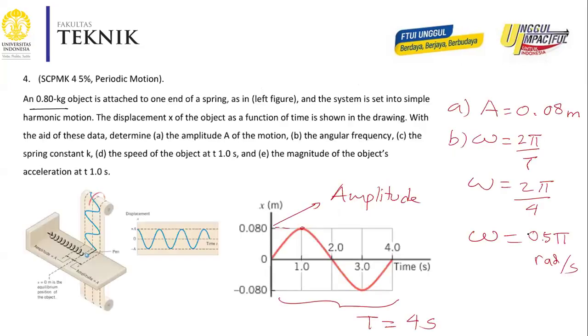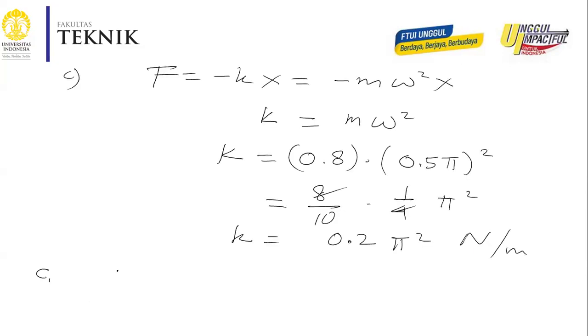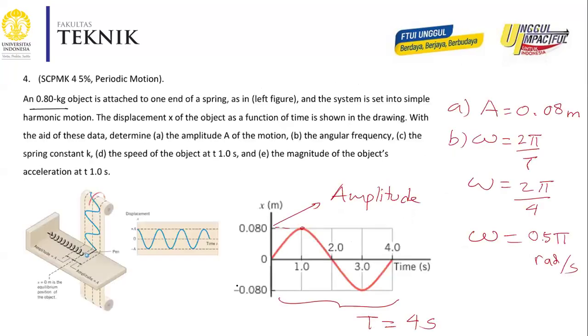And then the speed of the object at 1 second. Okay, we can get the speed. The speed of the system is dy/dt. From the information before, we need to make the equation of motion. What is the equation of motion?